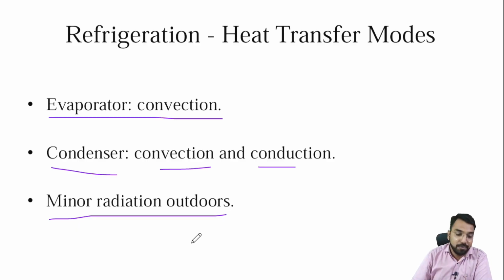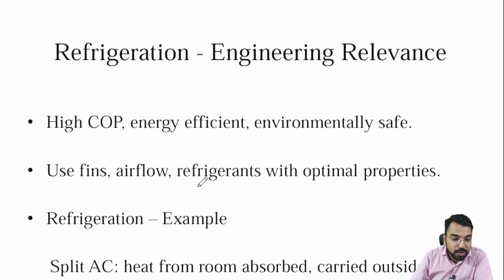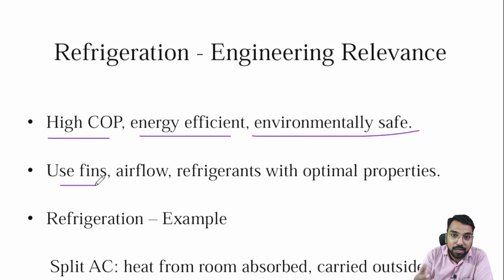So in refrigeration, for getting a higher COP, that is coefficient of performance, or energy efficiency, or environmental safety, we can use fins to increase the surface area, improve the airflow, and use refrigerants with optimal properties.